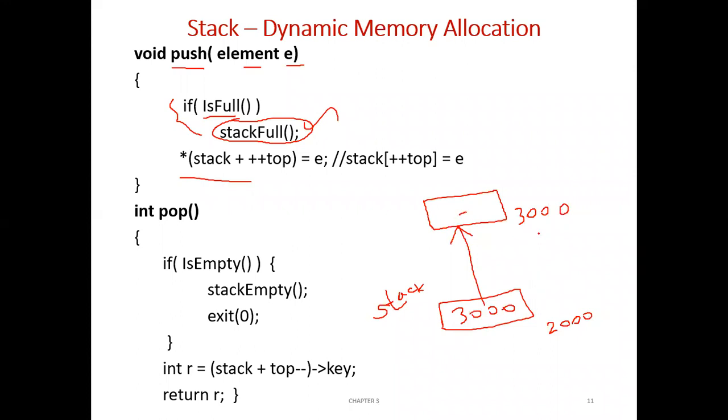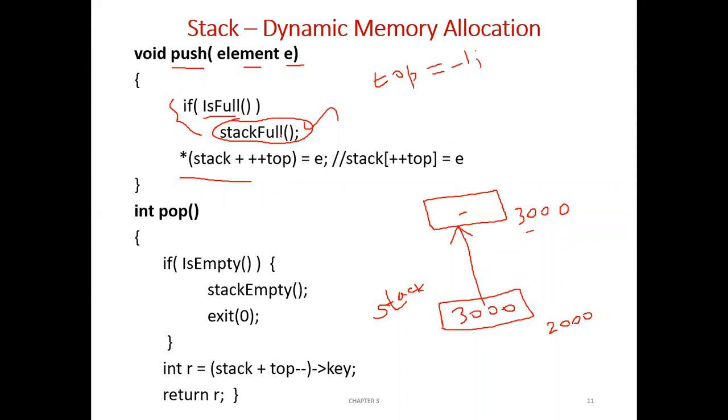So how can we do that? For that we are writing this statement: stack plus plus top. What is stack? Stack contains 3000. 3000 plus top. What will be top initially? Initially top will be -1 because initially stack is empty. But now we are going to push one element.